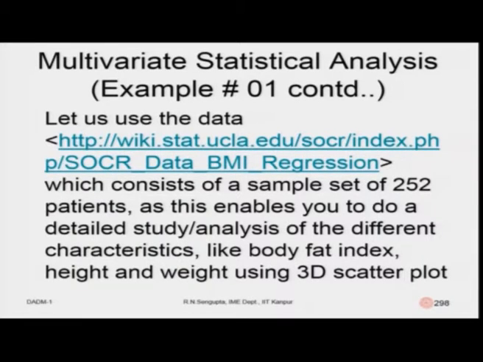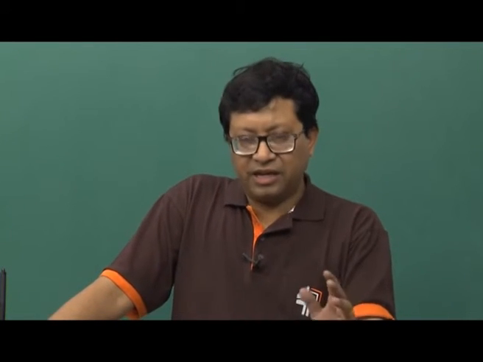I will use these 3 variables to understand how multivariate information can be gleaned, so that at one go, with a diagram, you can understand it.